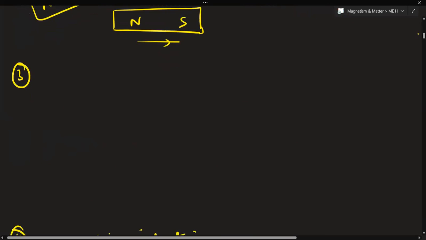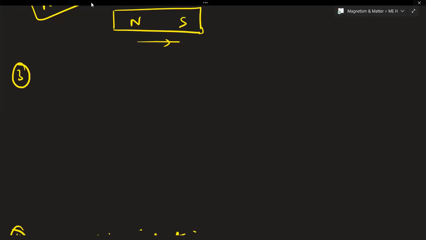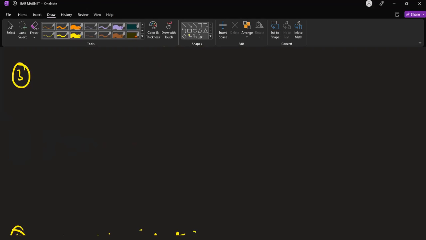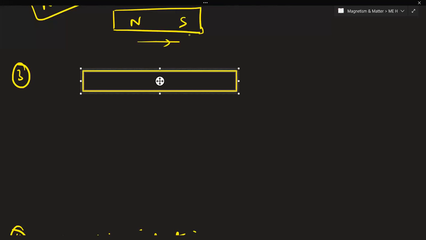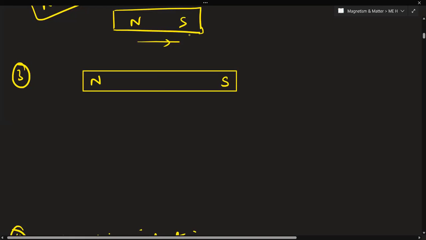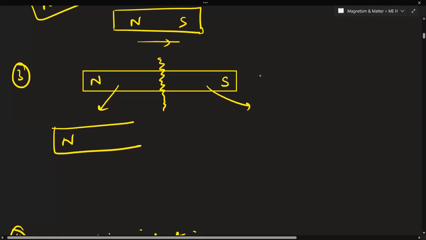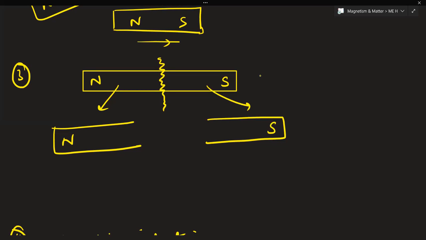The third property: if you have a bar magnet with a north pole and a south pole at the two ends, and somehow I break it and distribute the parts to two students, the north part to Darshan and the south part to Rifat, they don't actually have only a north or south polarity.